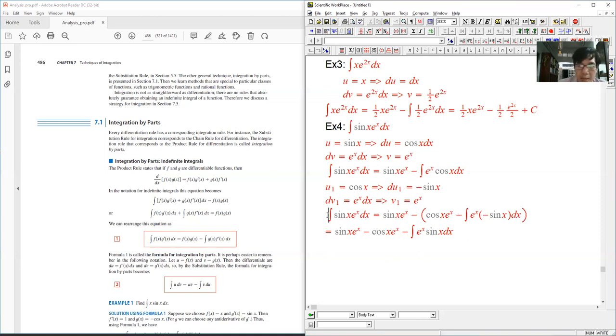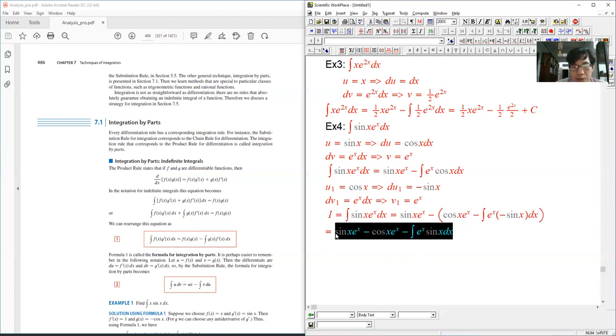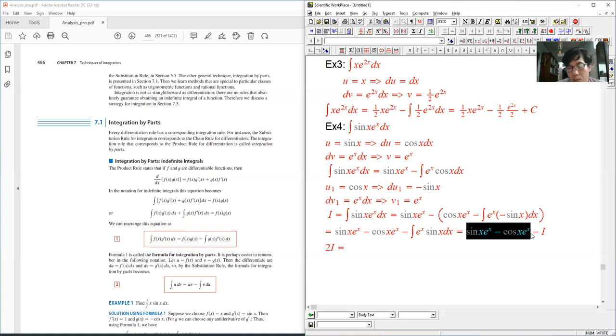If we set it equal to I, we move it to the other side, so we get 2I equal this, and we divide both sides by 2, so we get 1/2 of this, and finally we add C.